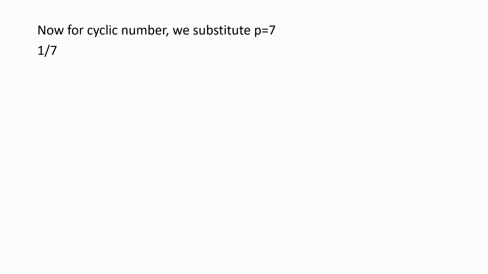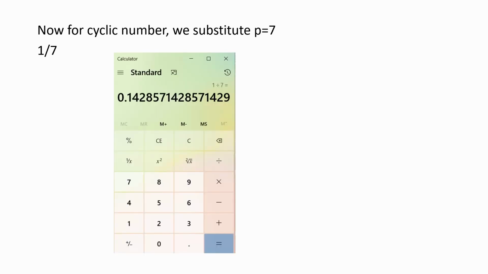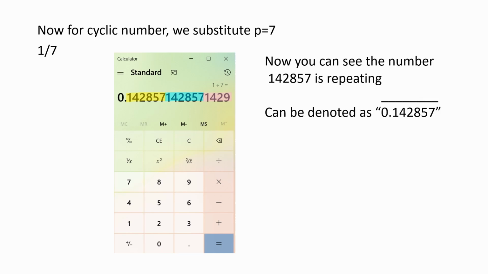Numerator 1, denominator any prime. Suppose I am using the prime number 7, it is normal division. If the division goes on, that will result in the same 6 digit number. That is represented by the bar over it. Actually, the prime is 7. Prime minus 1, here 6. So it is having 6 digits.